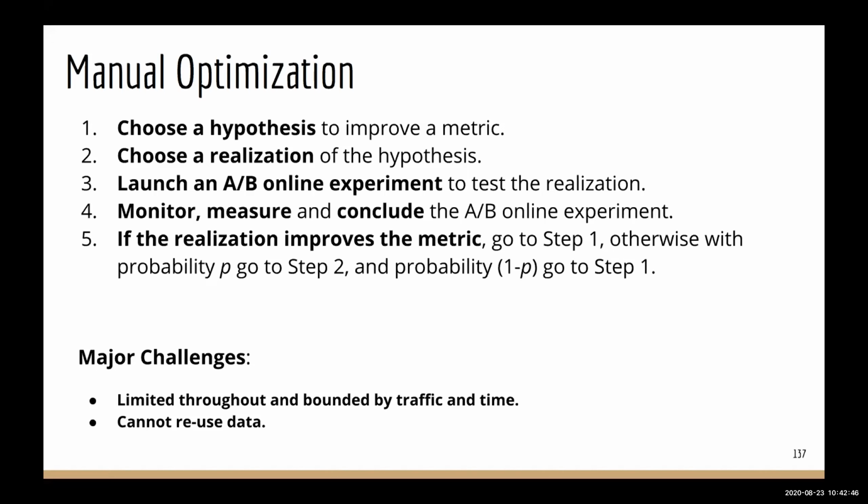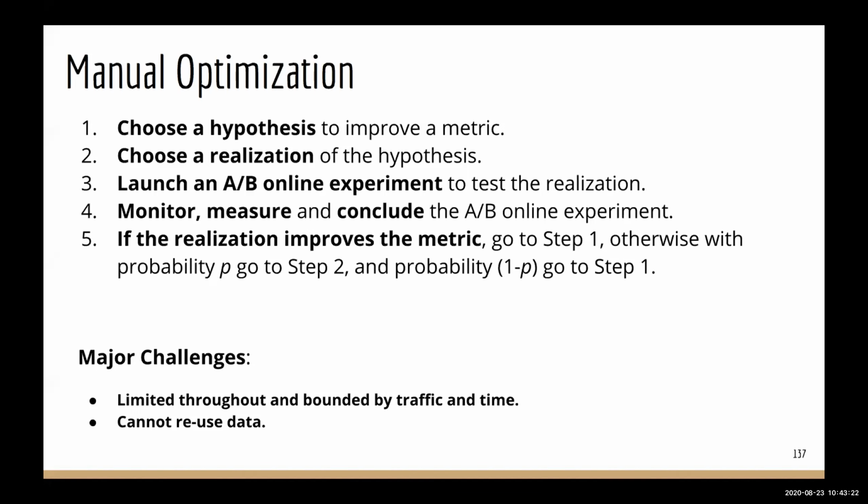But still, traffic is typically very limited, and time is limited. For an online experiment, you typically need one or two weeks to observe the result. So how many weeks would you have in a year? This significantly limits how many ideas you can try out, and improving the metrics is sometimes bounded by how many such ideas you have. You want to try as many ideas as possible.